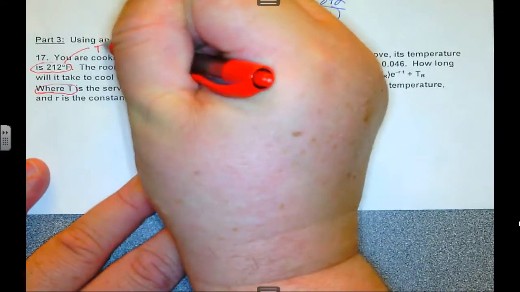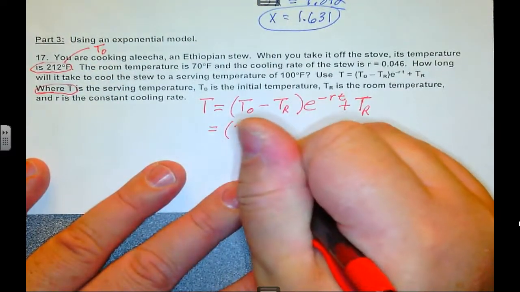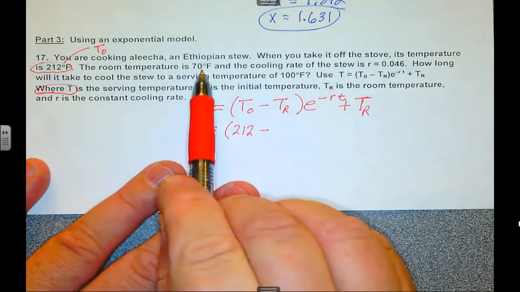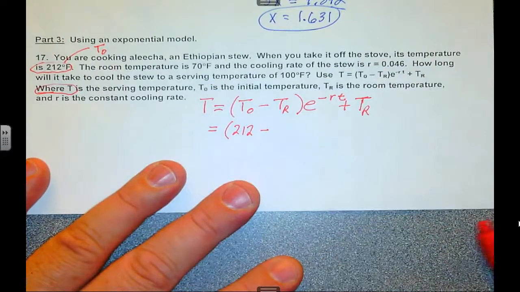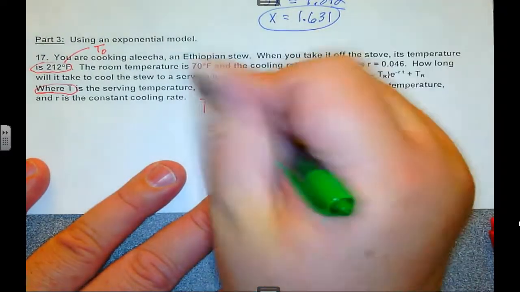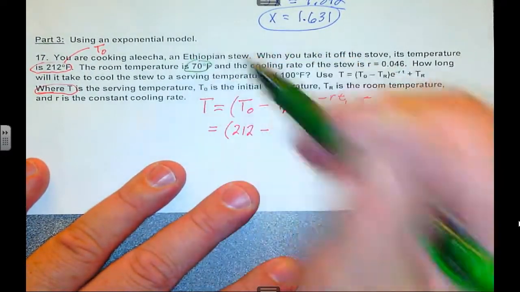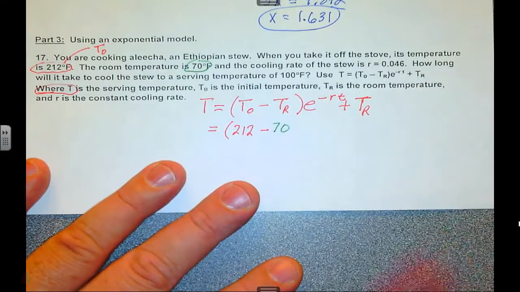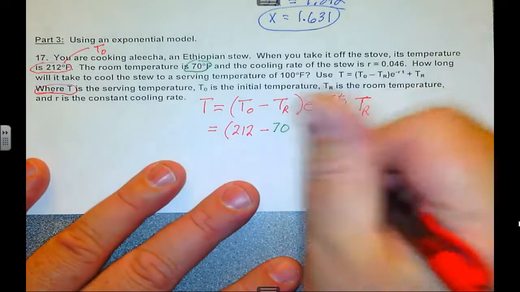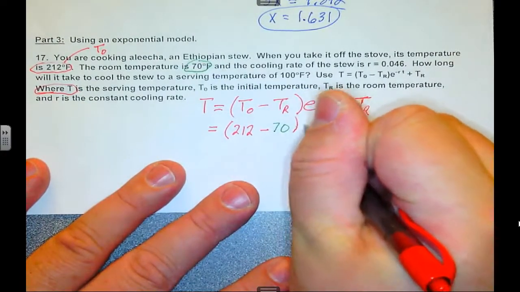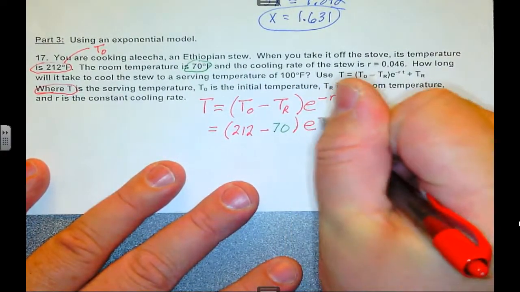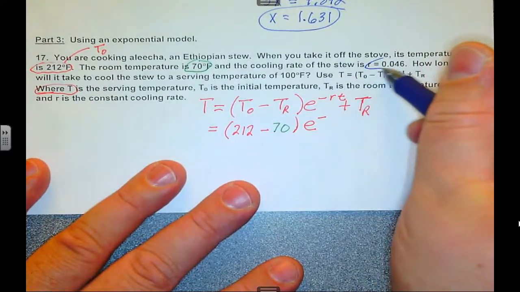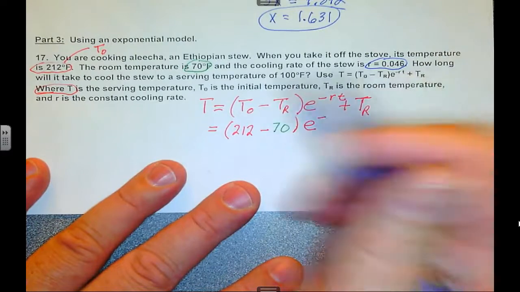That's our initial T sub 0. 212 minus the room temperature, T sub r, 70 degrees, times Euler's number to the minus the rate. What's the rate? Rate is 0.046.